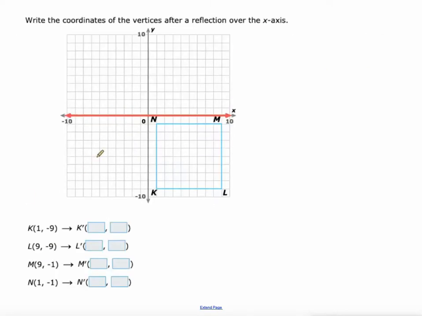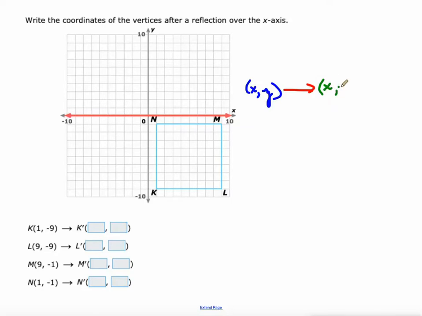So let's use that rule. We're reflecting this image over the x-axis. So the rule here is that x, y becomes, when you reflect over the x-axis, it's actually the y value that becomes opposite. You keep your same x value.